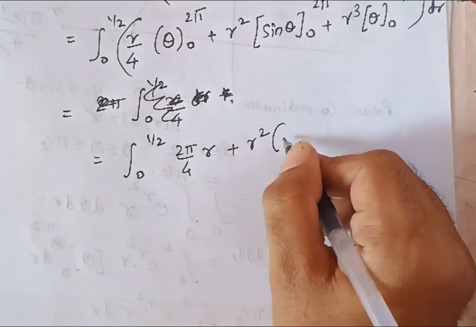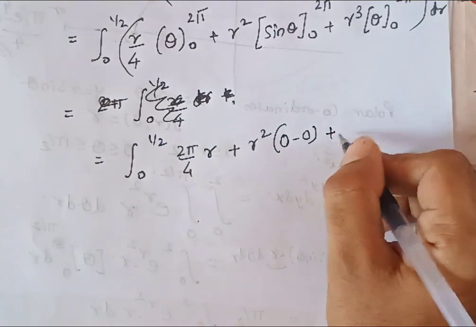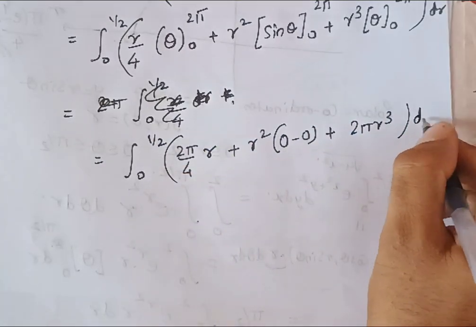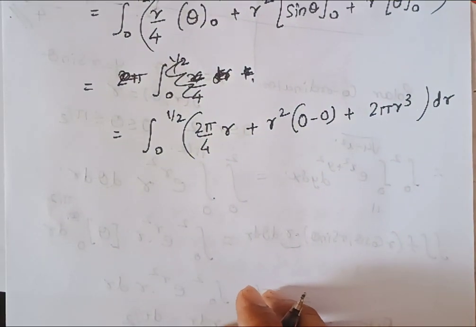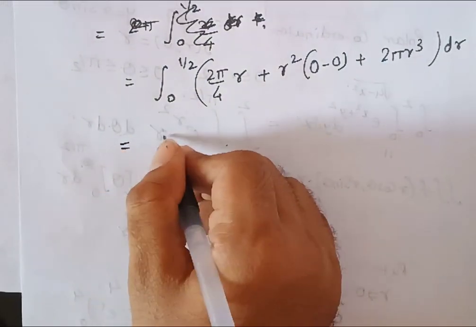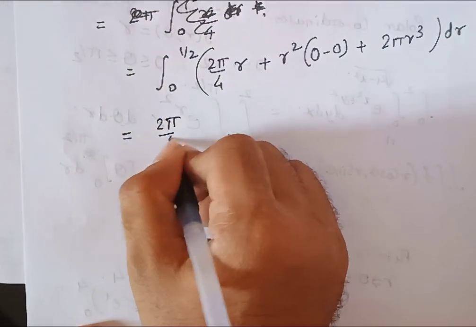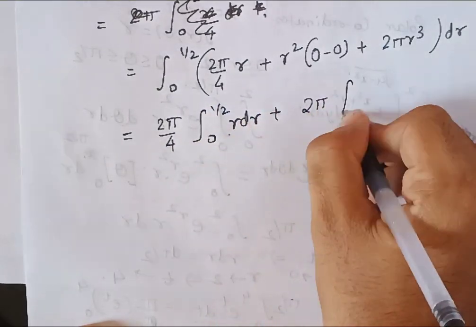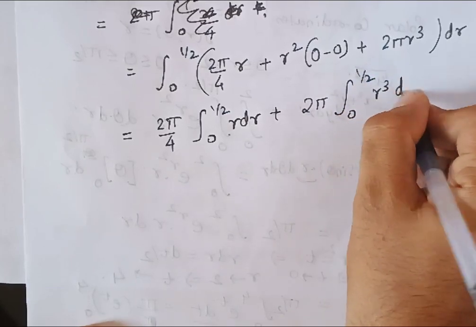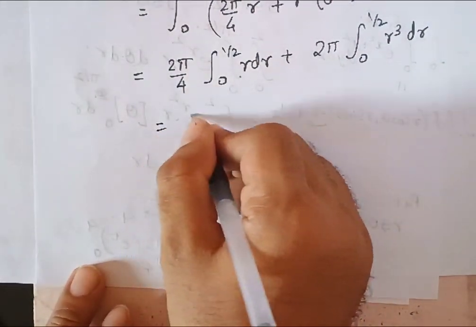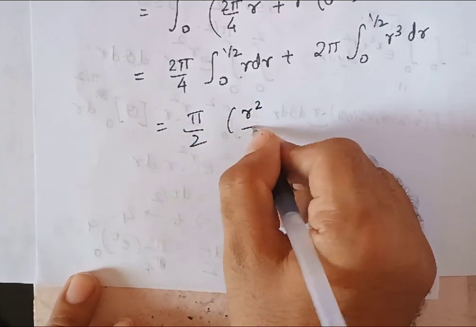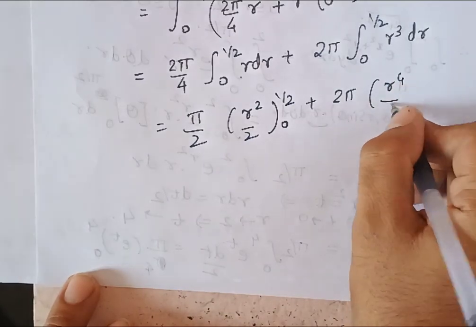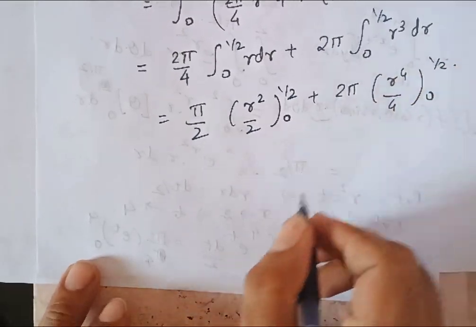The upper one will be 0 minus 0, plus again 2 pi r cube dr. So we separate everything: 2 pi by 4 integration 0 to half of r dr, plus 2 pi integration 0 to half of r cube dr. That is pi by 2 times r square by 2 from 0 to half, plus 2 pi times r to the 4 by 4 from 0 to half.